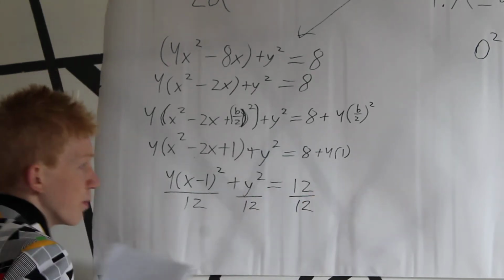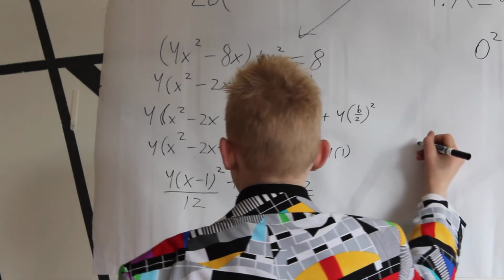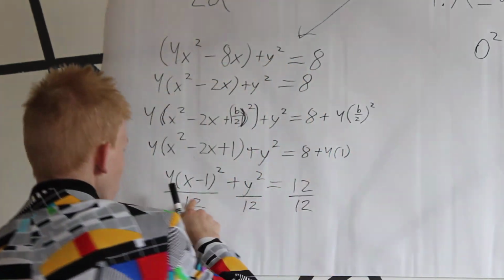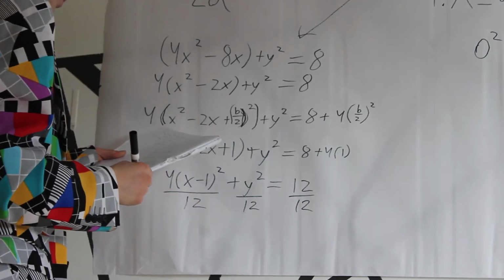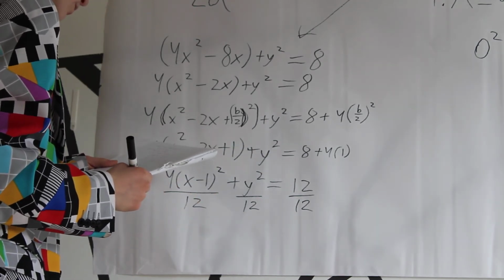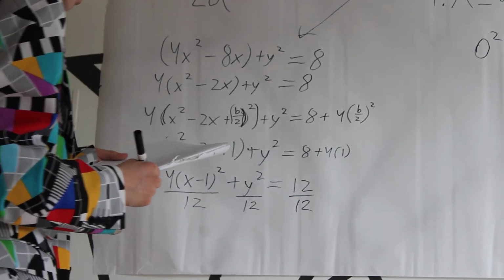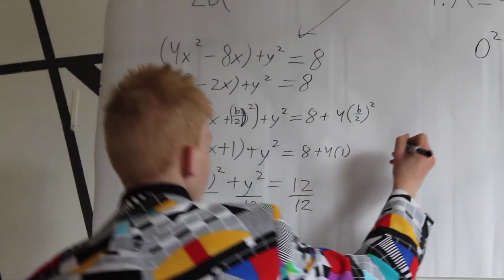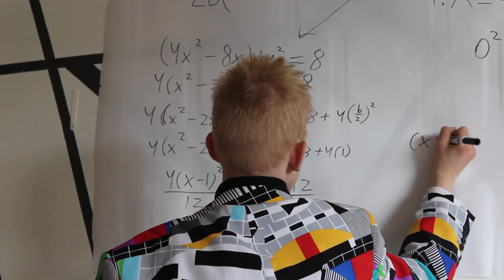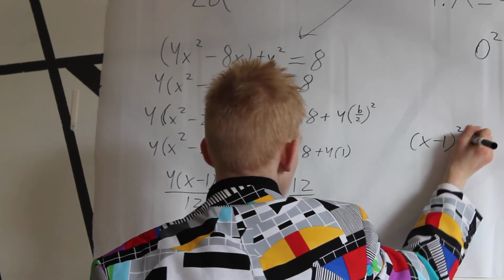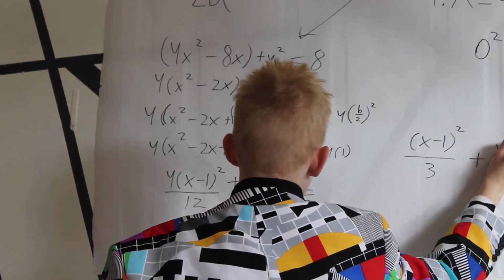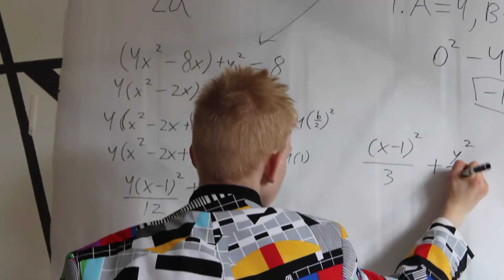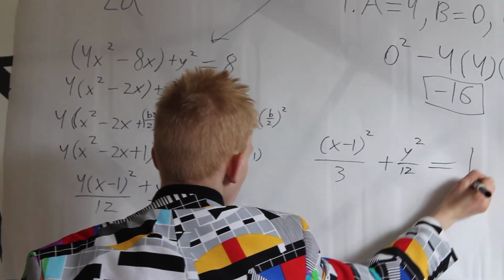And then we simplify. 4 over 12 is equal to 1 over 3. Right? Yes. So we have x minus 1 squared over 3 plus y squared over 12 equals 1.